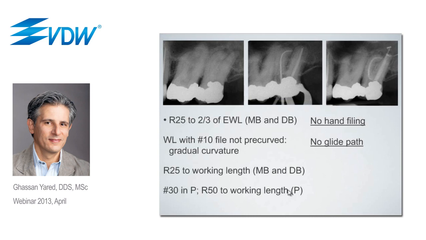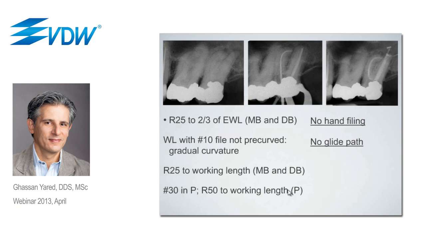I just want to remind you, for the MB canal in this case, that it can be extremely difficult to create a glide path. It can be extremely difficult, no matter how skilled we are, to place a hand file at the working length.